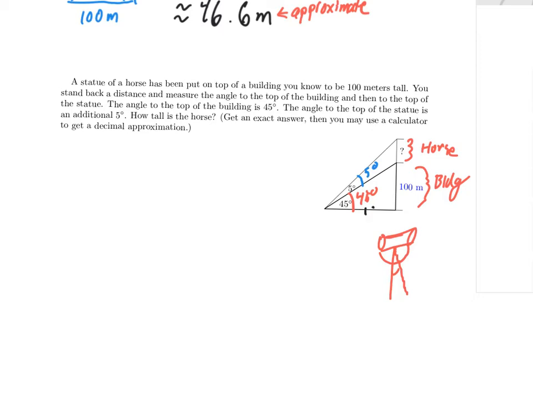So let's try to figure out this length. So I certainly have the opposite. I would like to know the adjacent. So TOA is the thing to use there. So tangent of 45 degrees is equal to opposite 100 meters over, let's go ahead and call this x.